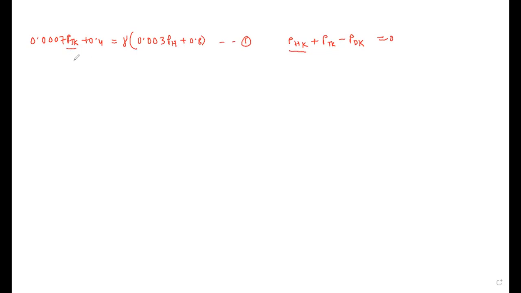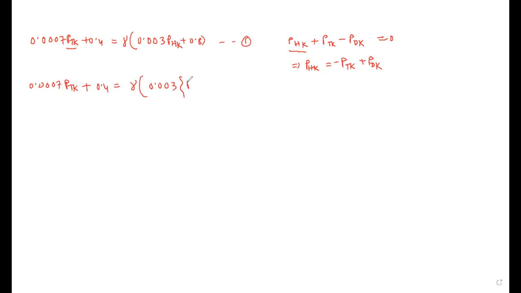Ultimately all the same. So if I go for the simplest one, the substitution process, so what you will do, let's say we want to substitute PHK by PTK and PDK. So if I replace it here, so I will get 0.0007 PTK plus 0.4 equals gamma 0.003 PHK.